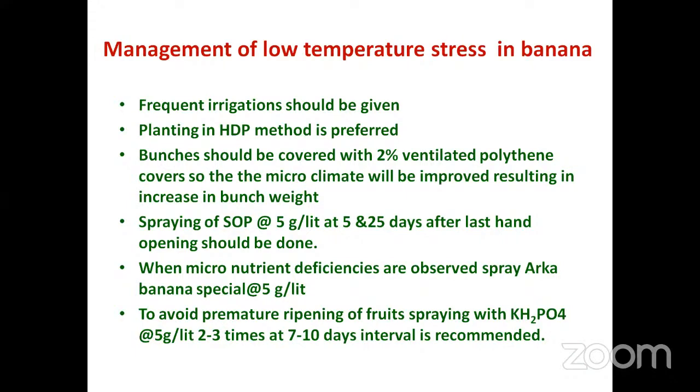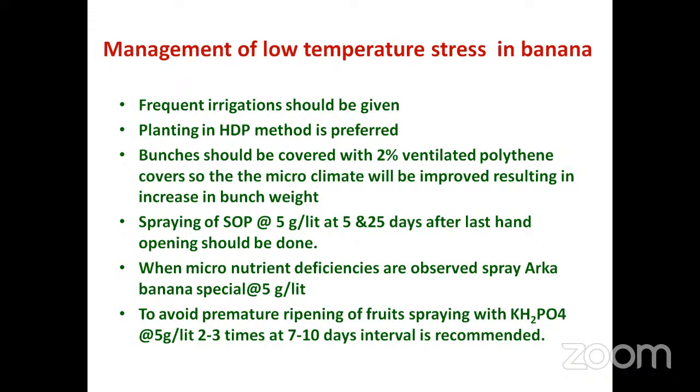When the crop is at the bunch maturity stage, or when the bunches have emerged from the plants, they should be covered with 2% ventilated polythene covers, so that a microclimate is developed, resulting in an increase in bunch weight.